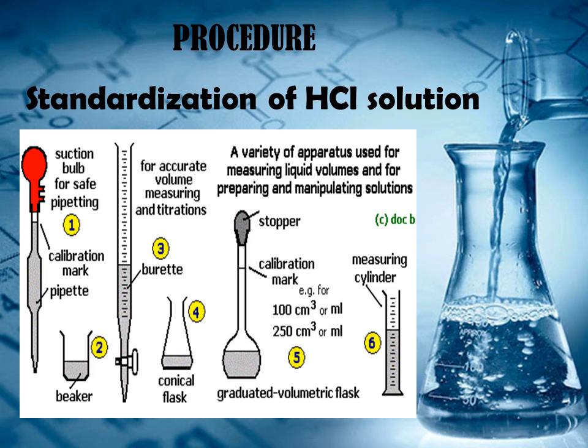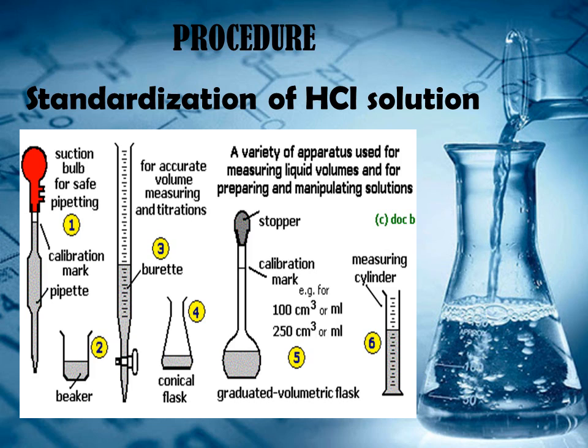Rinse and fill the burette with prepared HCl solution. Now transfer 10 or 25 ml of standard sodium carbonate solution to a conical flask with a pipette, and add about 50 ml distilled water and 1 or 2 drops of indicator to it.